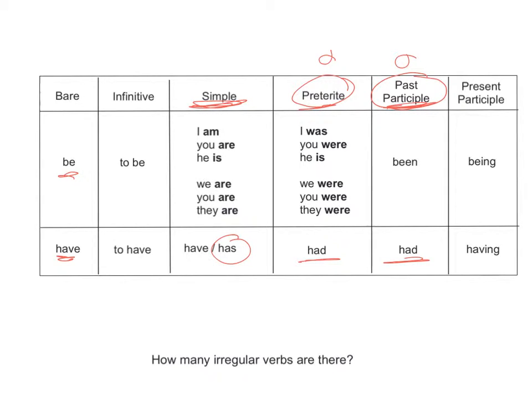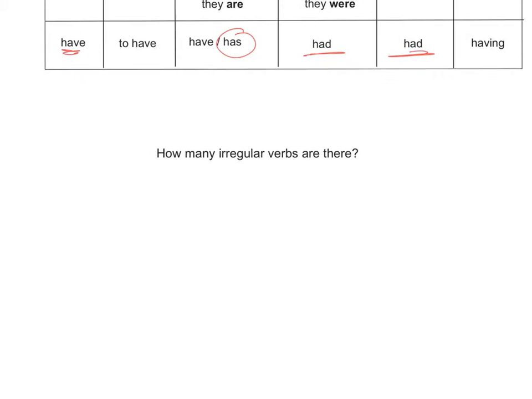Now, as we're talking about irregular verbs, and we get to this point in the lesson, my students usually have a question for me. They want to know, how many irregular verbs are there? And the answer I give them is that this depends.